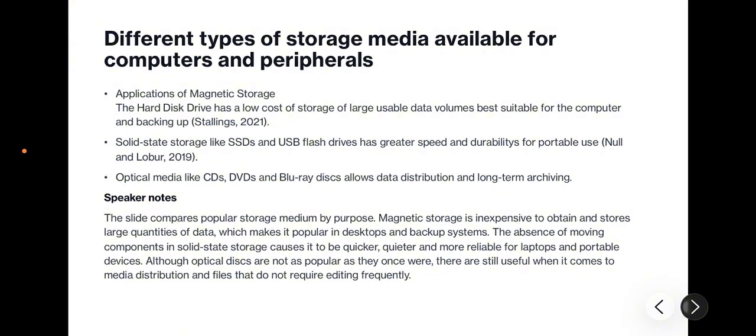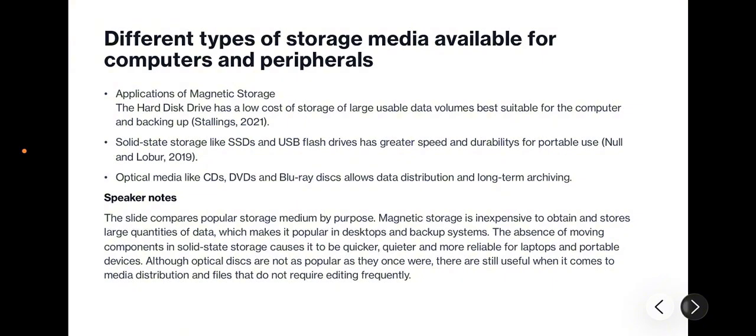Different types of storage media available for computers and peripherals. Applications of magnetic storage. The hard disk drive has a low cost of storage of large usable data volumes, best suitable for the computer and backing up.